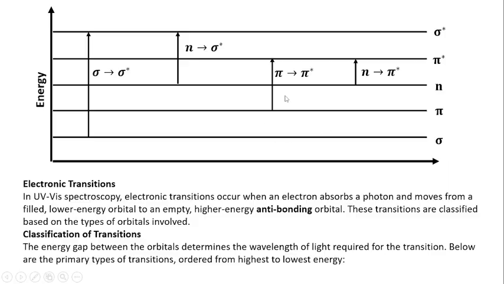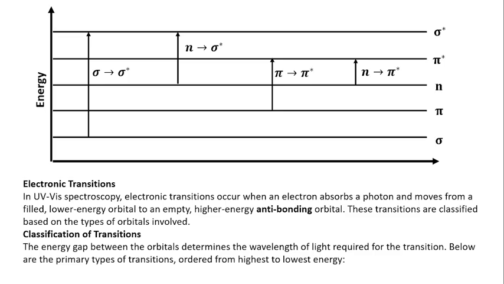In this energy diagram, you can see this is sigma, which is a filled low energy sigma orbital. This is pi, the filled low energy pi orbital. Then next is n, the non-bonding orbital.